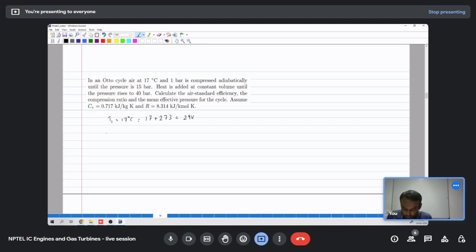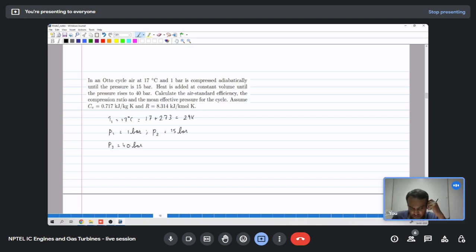P1 is given as 1 bar and P2, that is pressure after compression, is 15 bar. Heat is added at constant volume until the pressure increases to 40 bar. So P3 is 40 bar.